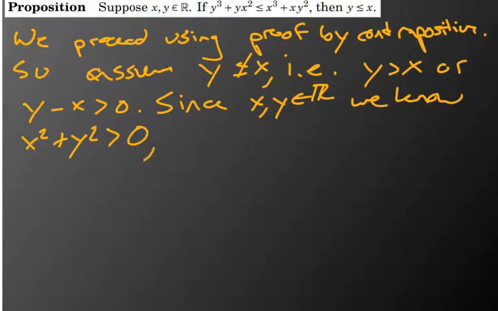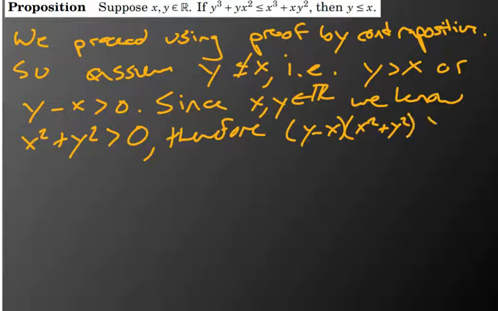And so I'm going to say, therefore, if you do y minus x times x squared plus y squared, that should be greater than 0, right? It's just the idea if you multiply two positive numbers, it's positive.